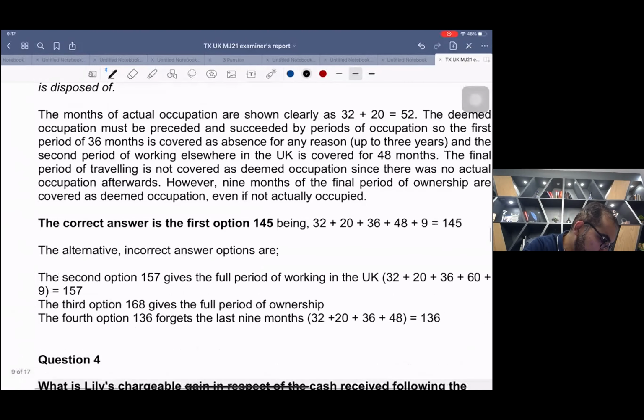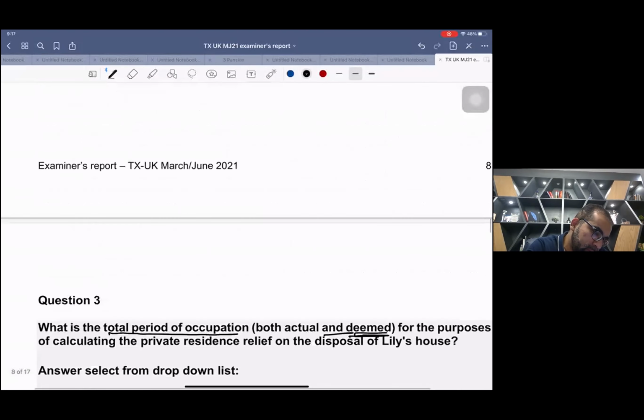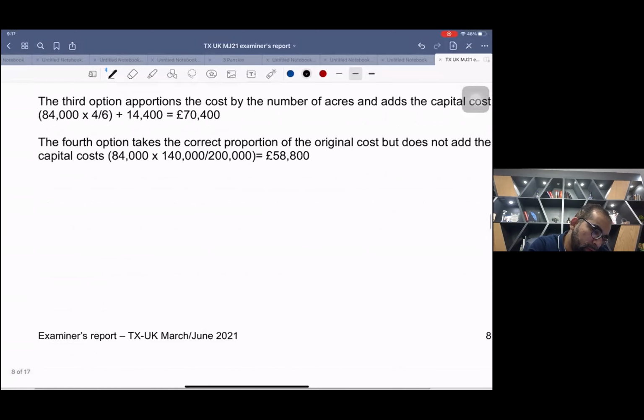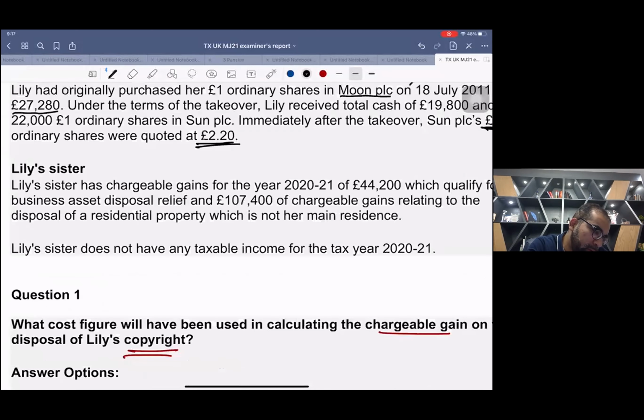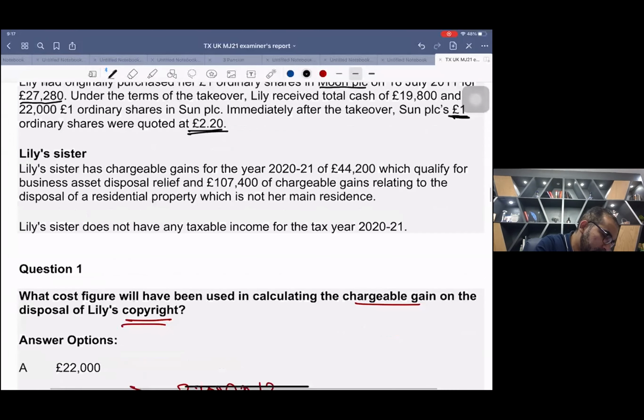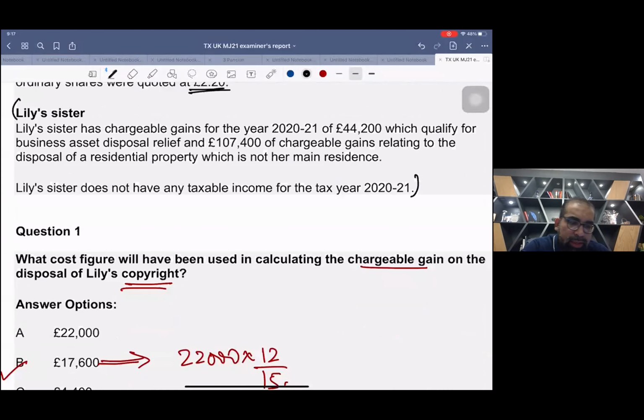This is the question. This is Lily's sister. From here, all of you try it yourself. From here till here, just calculate the CGT. You all can do it.